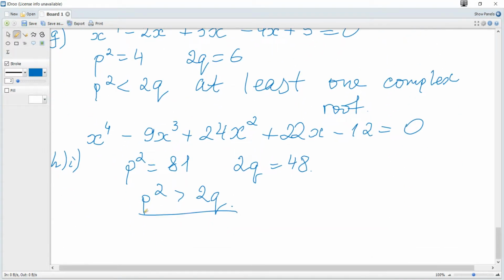But we know that the opposite statement is not true. Hence, nothing can be deduced.